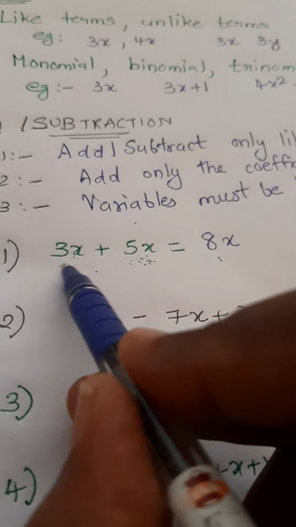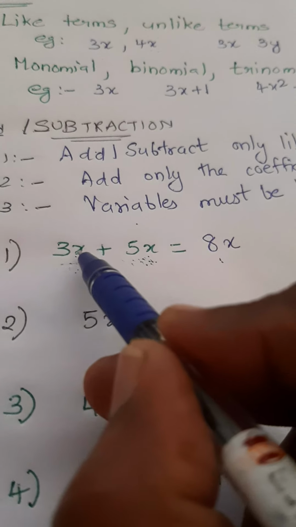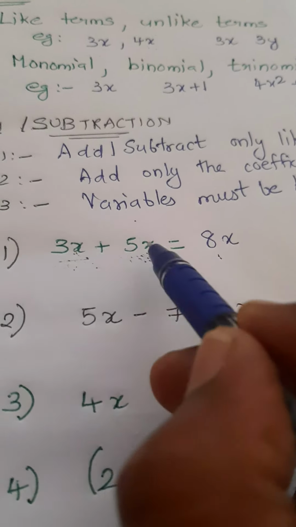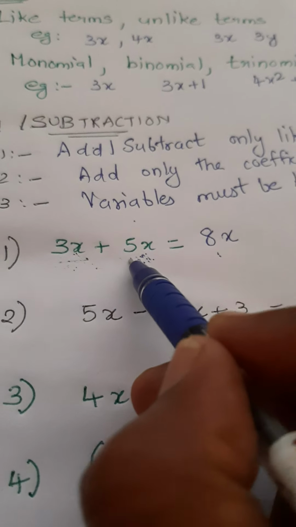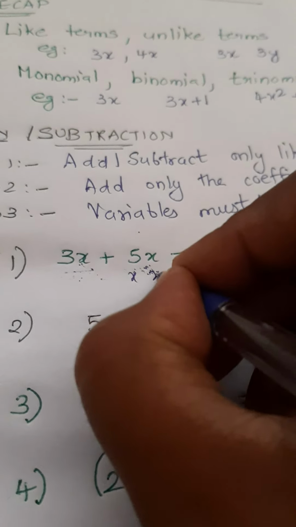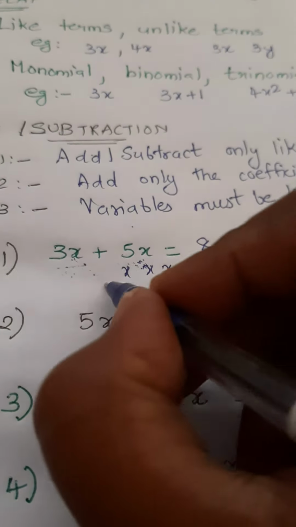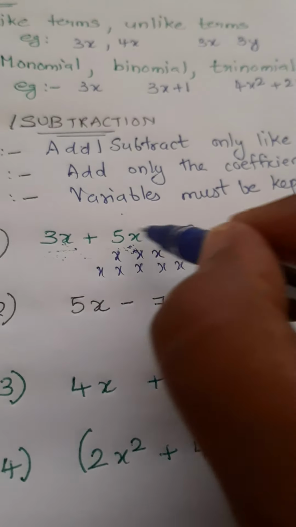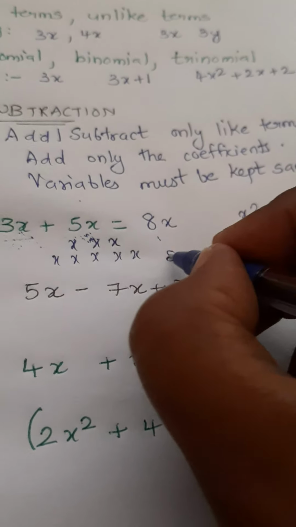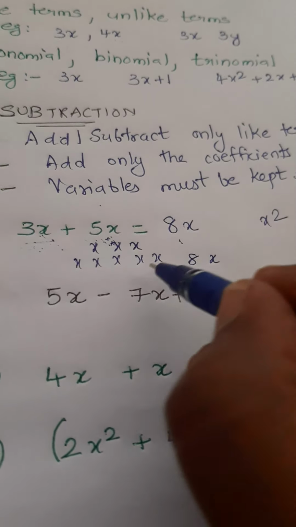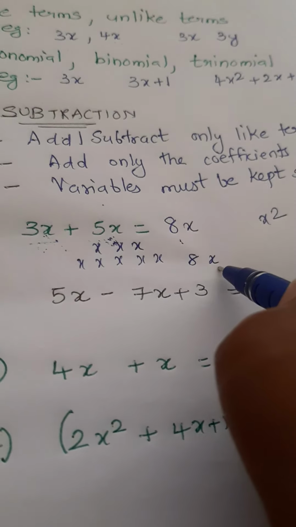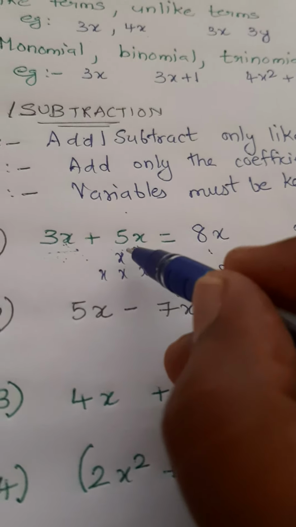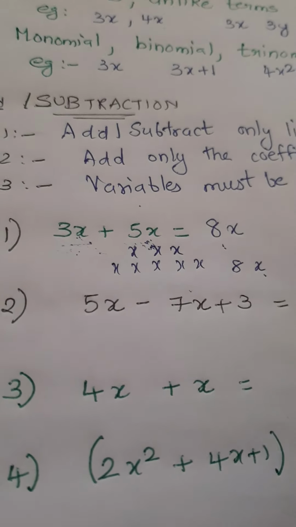So it's just like 3x means x is repeated 3 times. 5x means x is repeated 5 times. So when you count the total number of x, you will get 8 times x. That is, x is totally repeated 8 times. So this is the basic fundamental behind the addition.